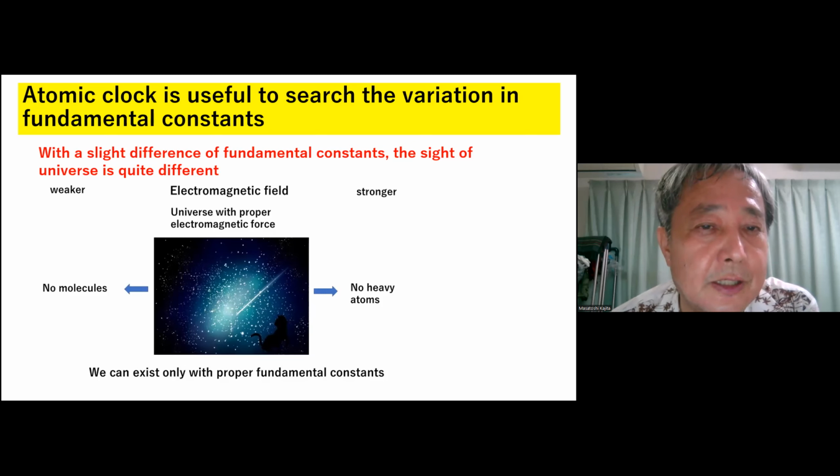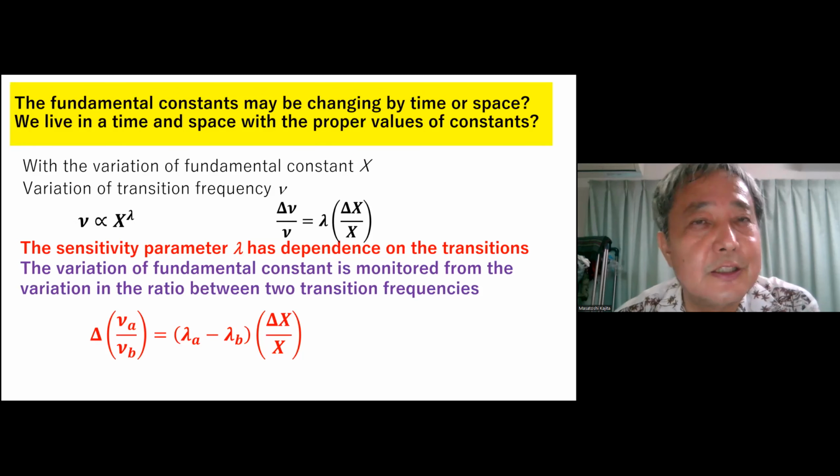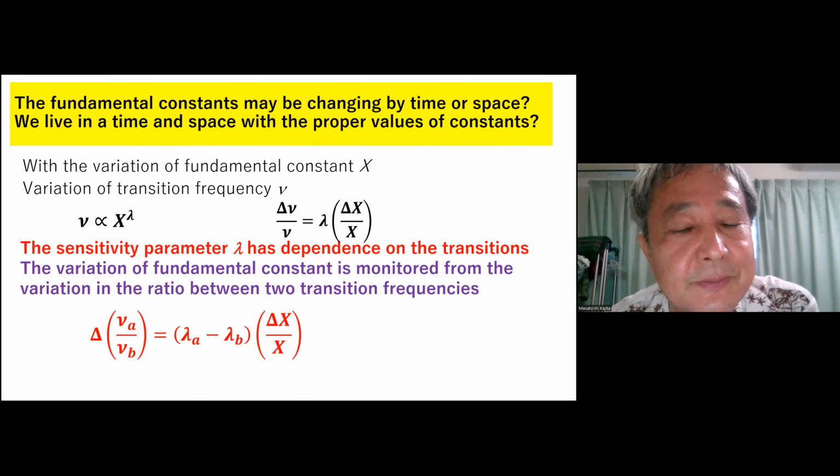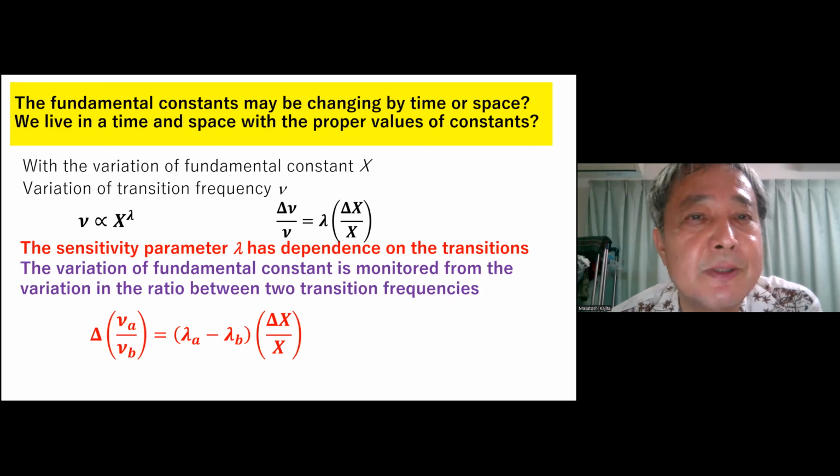If the electromagnetic force is weaker, there would be no molecular bonding. Anyway, we can exist only with the proper fundamental constants. So it might be difficult to understand the coincidence. The fundamental constants may be changing with time or space, and we can consider that we live in a time and space with the proper value of constants.